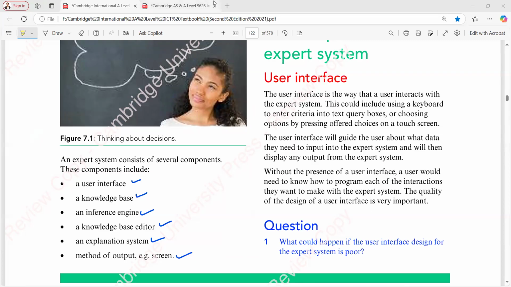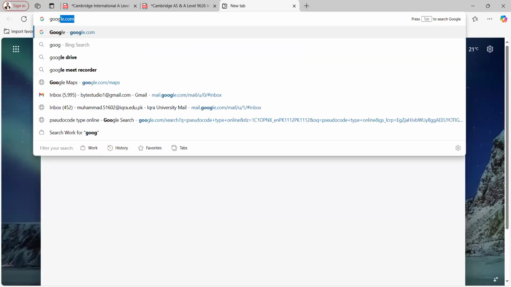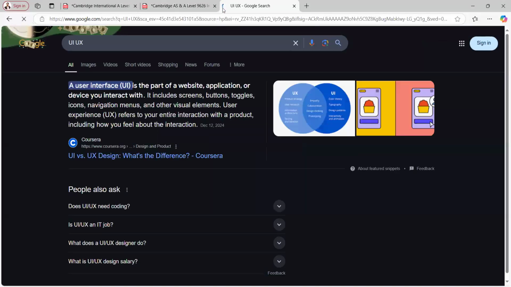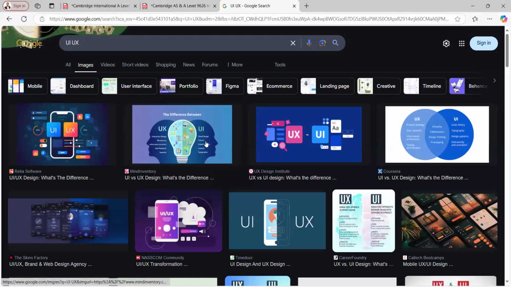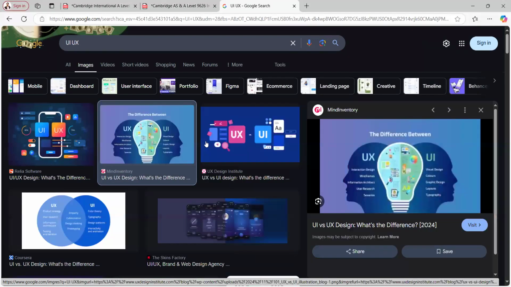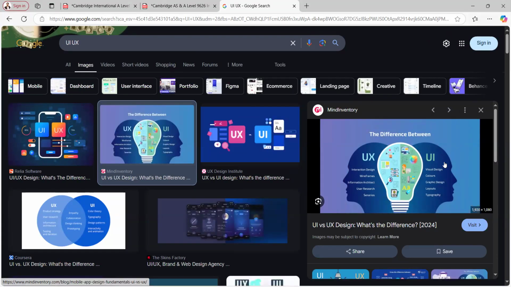Let me give you an example. UI is basically the visual design that includes your colors, graphic design, layout, typography, and UX is basically the interactive design that includes the wireframing, information architecture, user research.